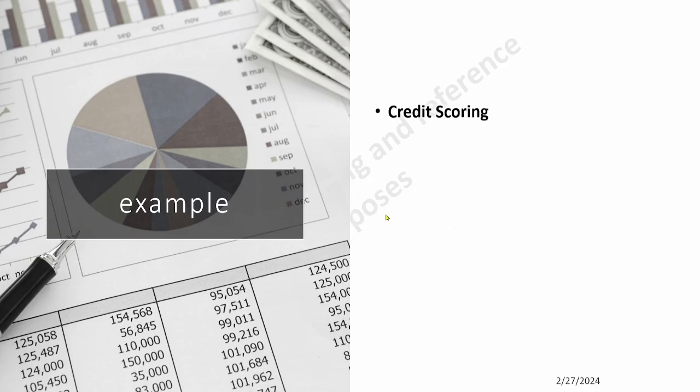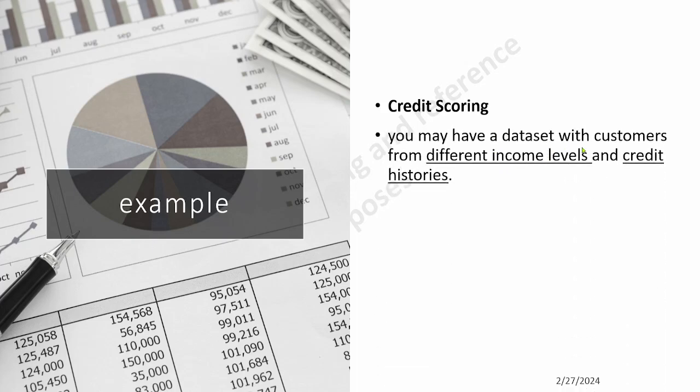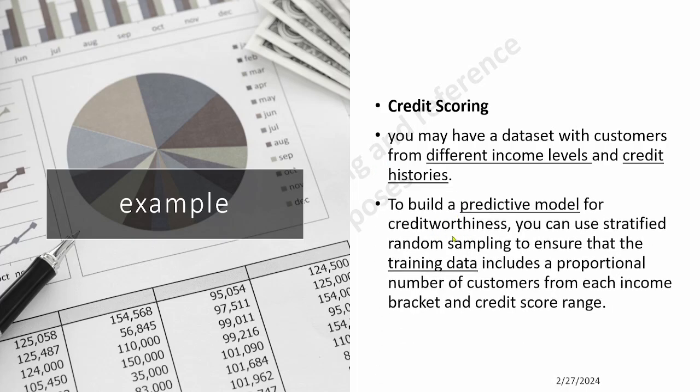Let's look at one more example, credit scoring. Here you may have a data set with customers having different income levels or different credit histories. In order to build a well-defined, generalized predictive model, you have a goal to build a system which can predict creditworthiness.